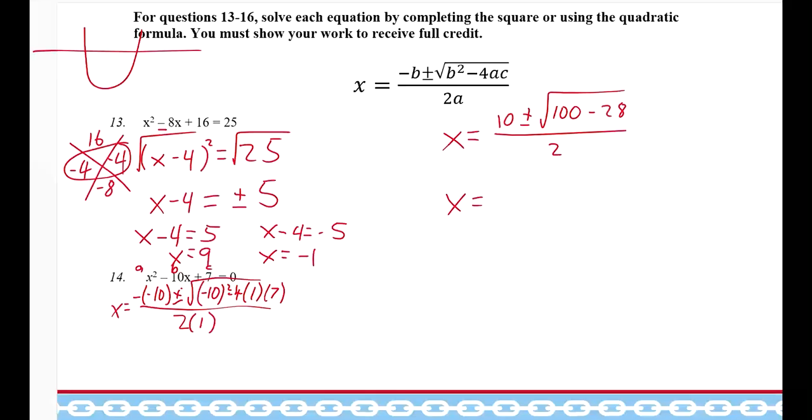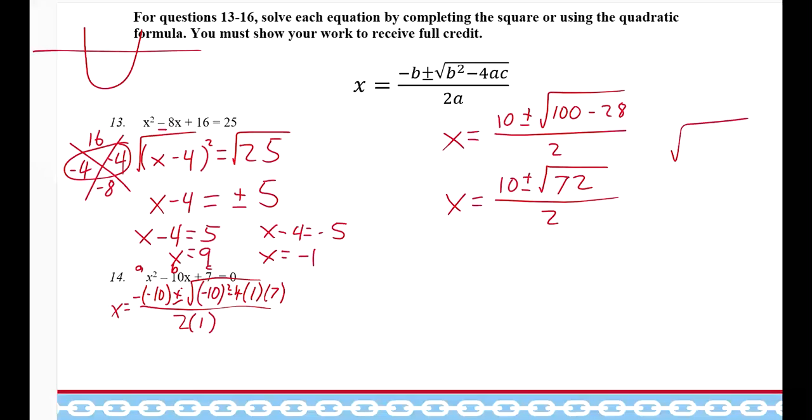So now I'm at simplifying underneath the square root. Right? 10 plus or minus square root of 72 all over 2. Now, square root of 72. 72 is not a perfect square.